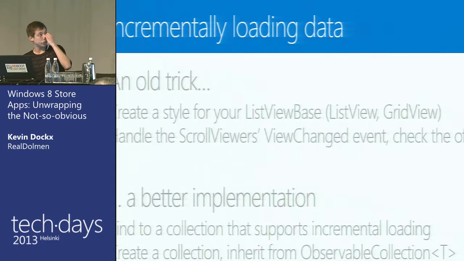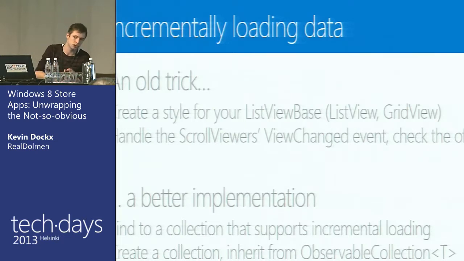And that's called the incremental loading interface. Support incremental loading interface. It's an interface that's included in the Windows 8 Store Application SDK. And if your container control, or rather if your items control, a grid view or a list view, supports this interface, you don't have to write any other code anymore. You don't have to handle the view changed event of the scroll viewer.